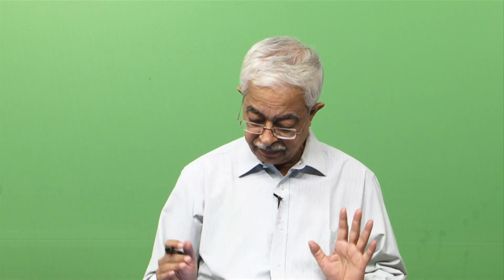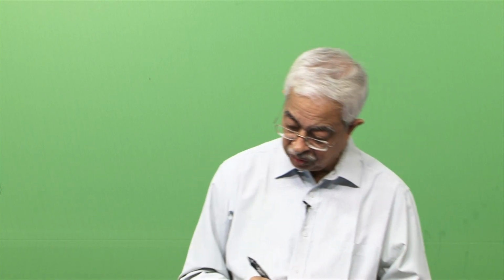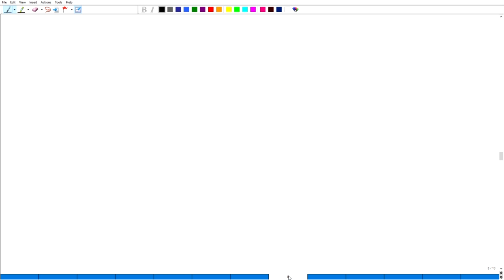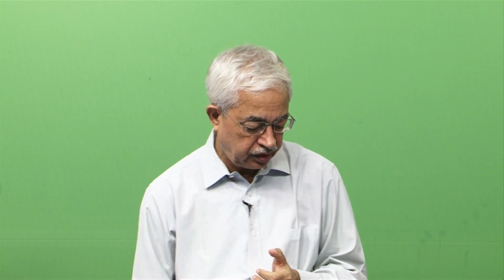In biology, this is a very versatile tool. People work day in and day out with this fluorescence technique. So, therefore, when I discussed supramolecular chemistry, let me summarize what I did in fluorescence sensing.